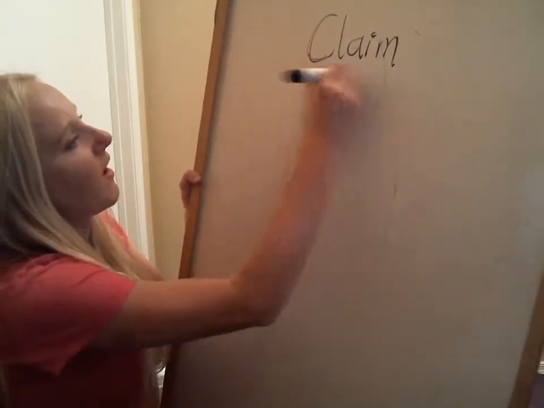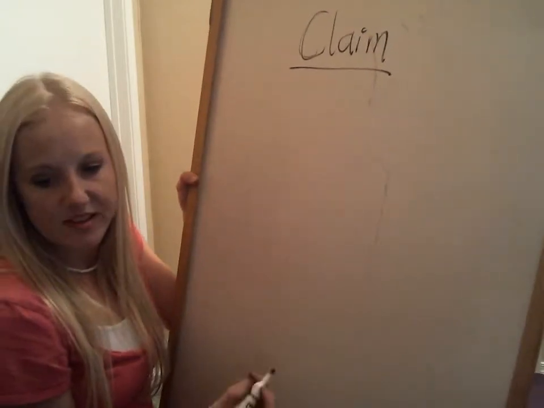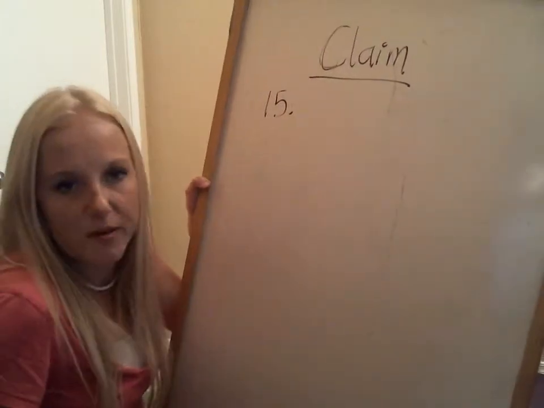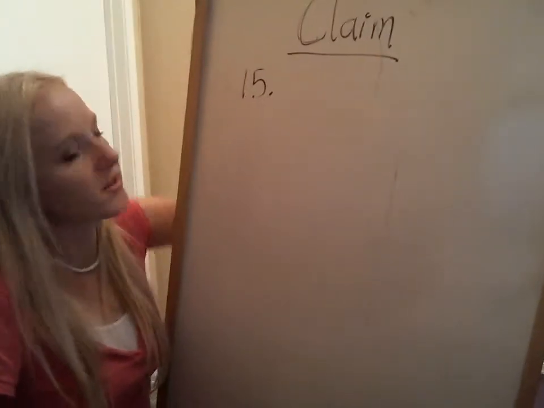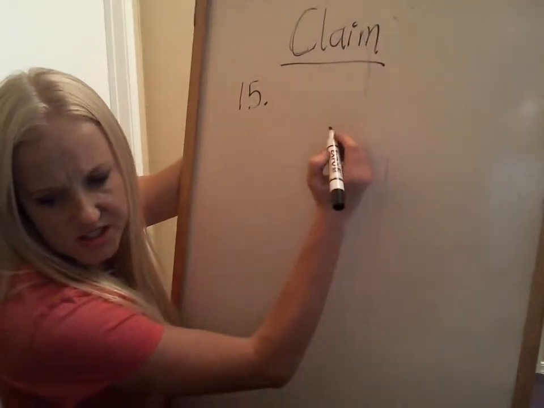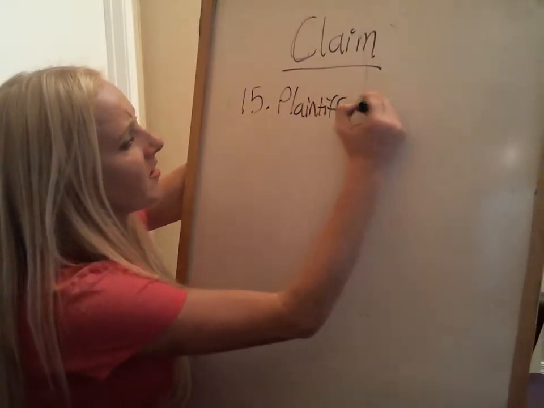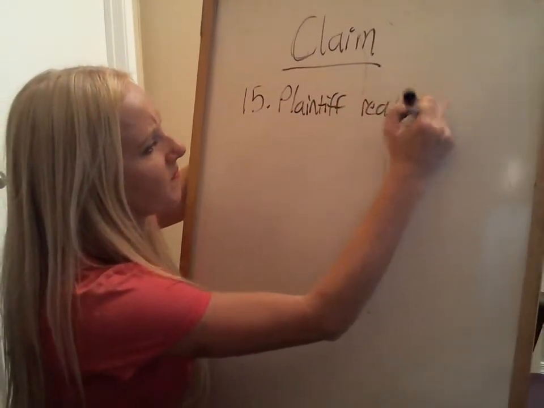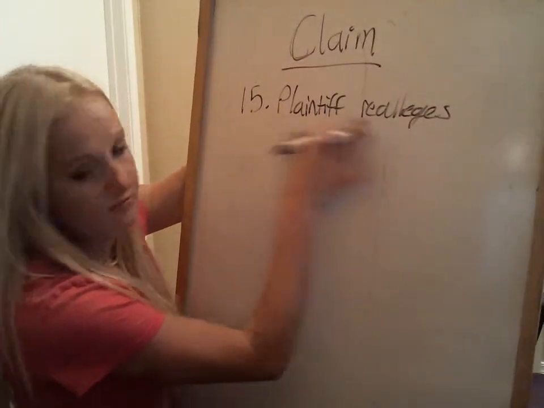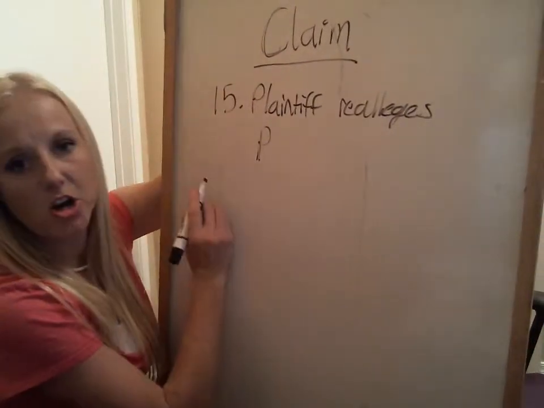And usually here you have a restatement. You'll see this in some of the examples. Let's say we start here at 15. I'm not sure how many facts you're going to have, but that's a reasonable number to start at. It would be something such as, plaintiff realleges paragraphs, and these are all considered paragraphs, all the numbers.